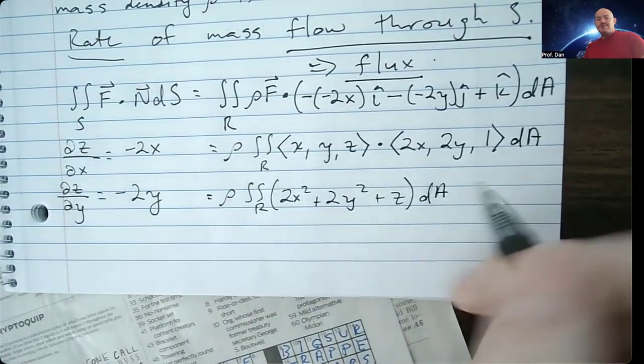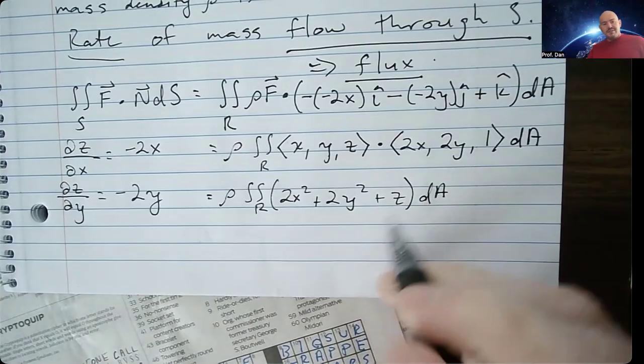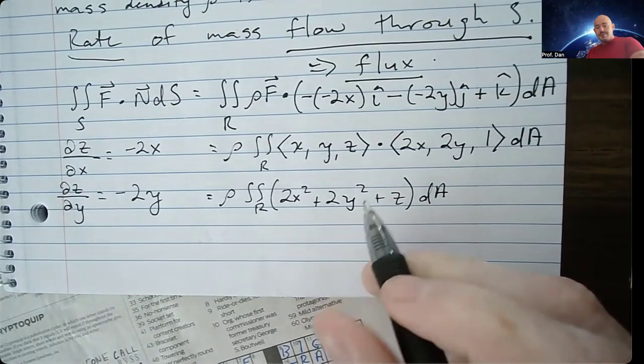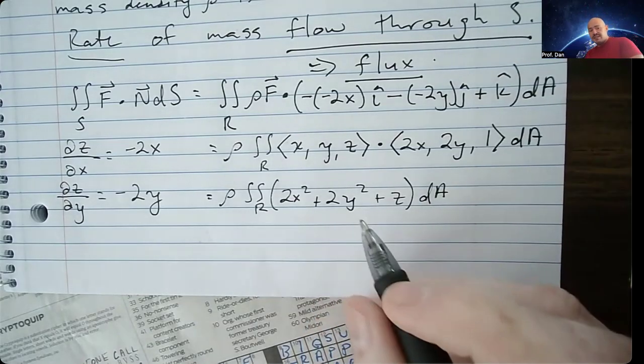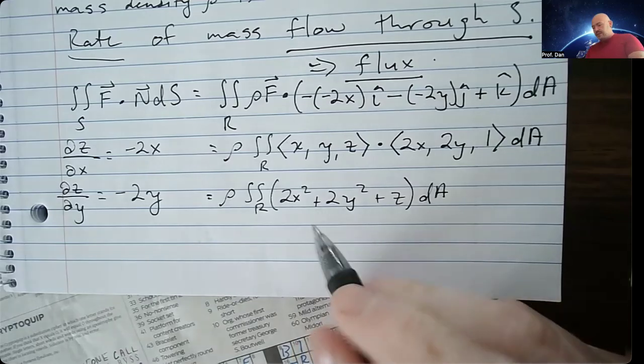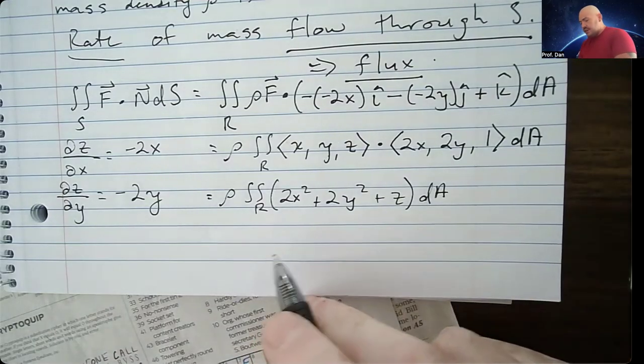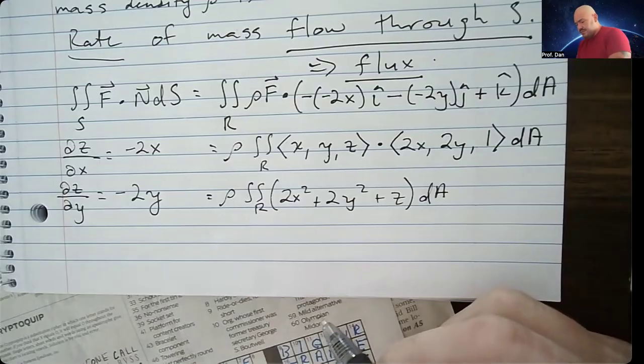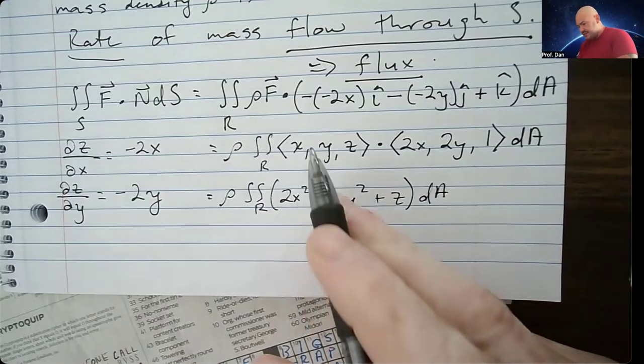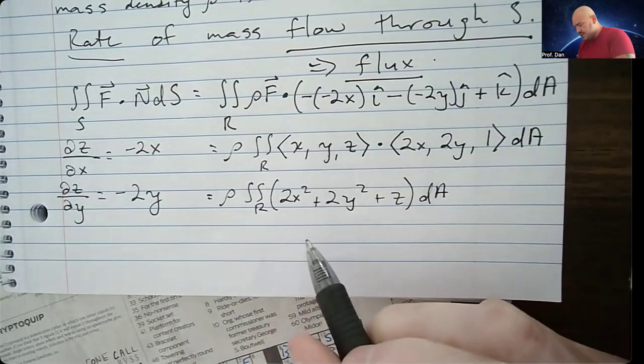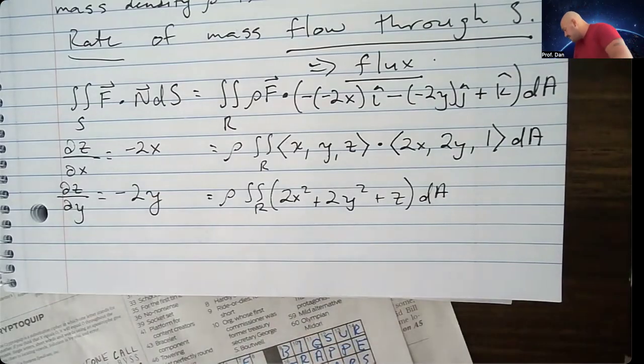So now that we've taken the dot product, we have our integrand in terms of just x, y, and z. We can set the rest of the integral up. Right, so we can look at the region R and figure out how we're going to write dA.